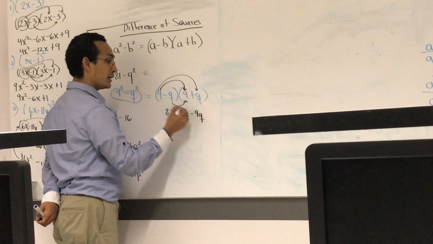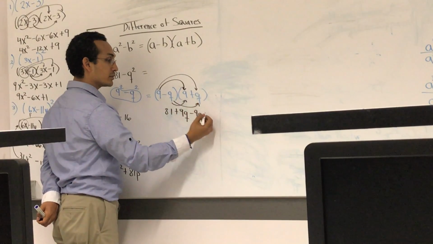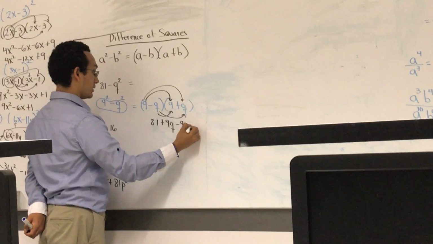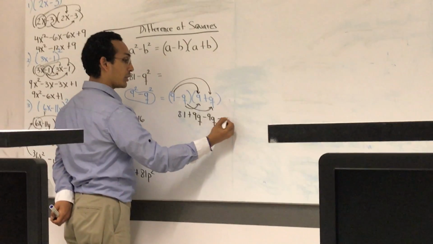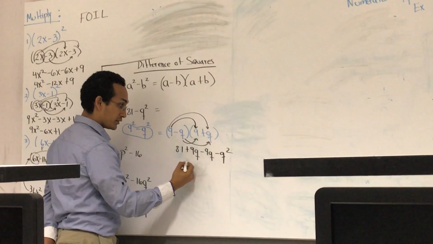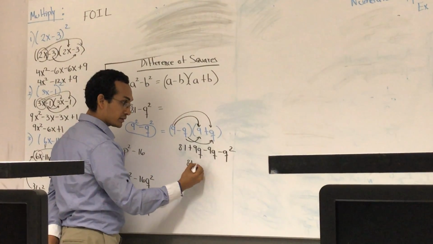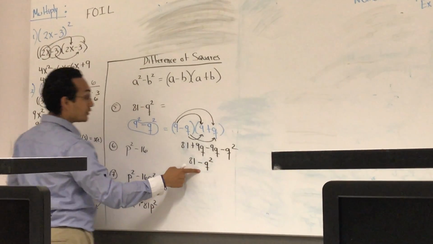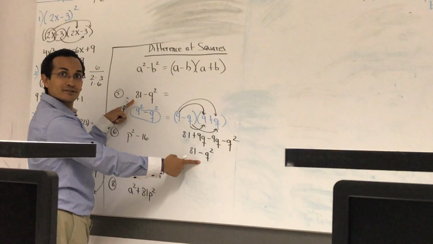And then negative q times q is negative q squared. Notice that these cancel, so you have 81 minus q squared, which is the original thing you have. So you checked it.